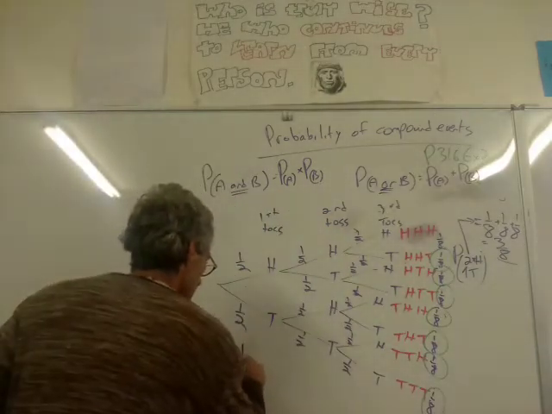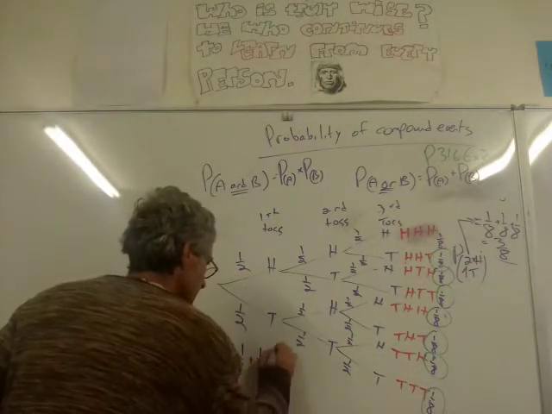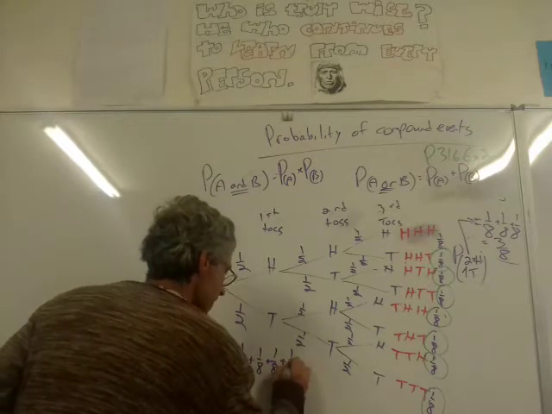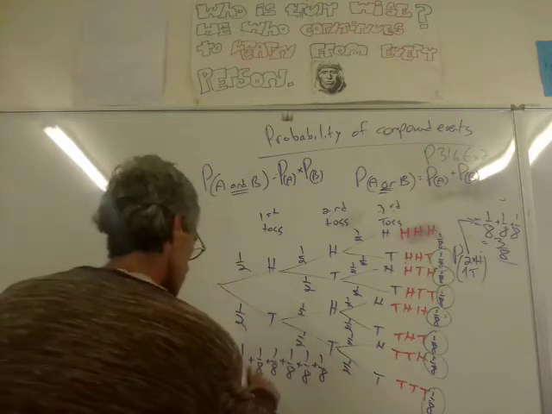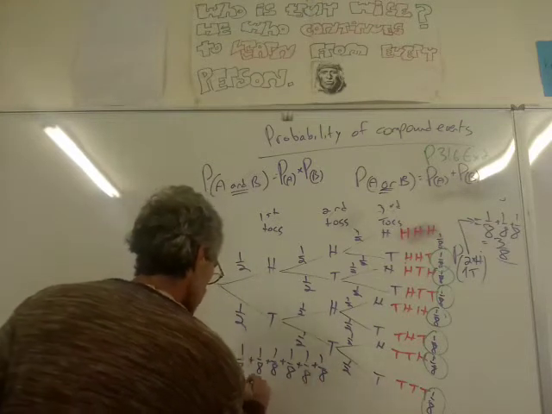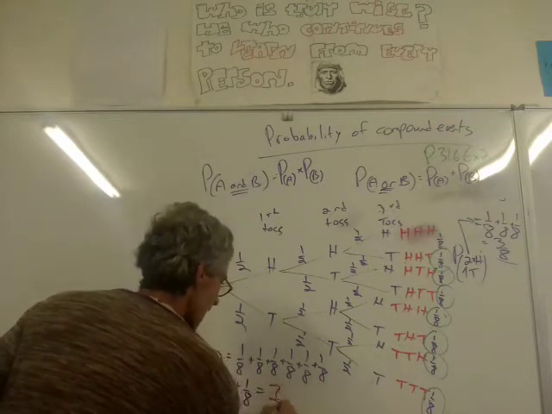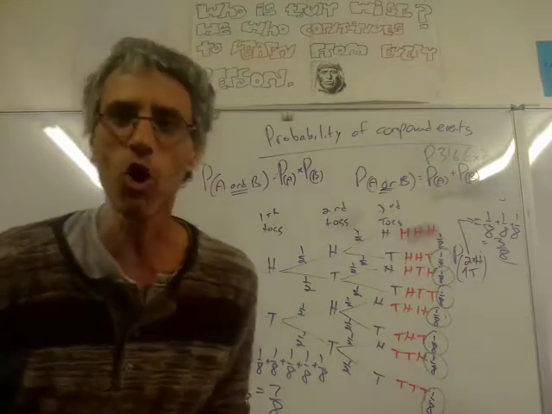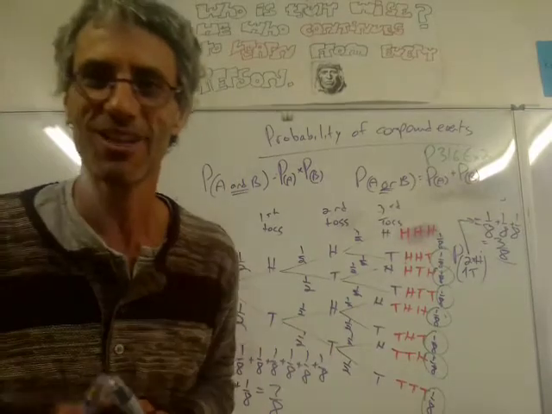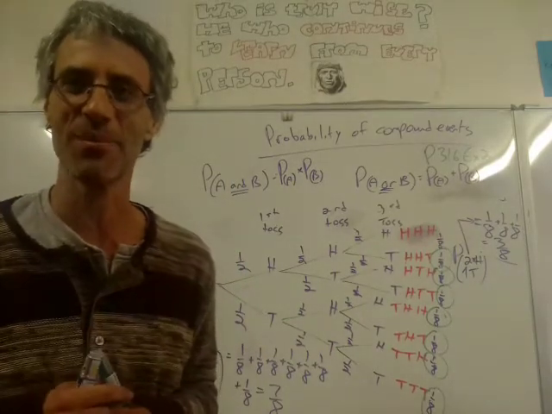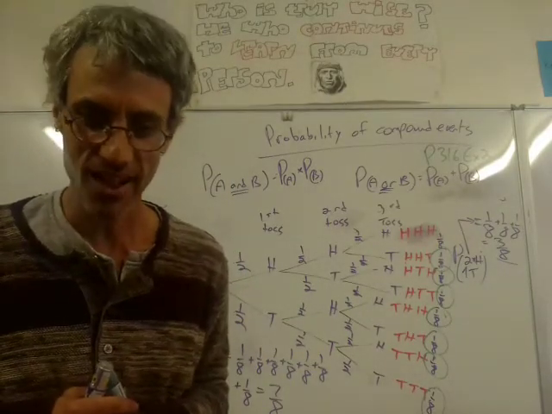So it'll be 1/8 plus 1/8 plus 1/8 plus 1/8 plus 1/8, 7 times, isn't it? Plus 1/8, 1, 2, 3, 4, 5, 6, 1 more 1/8, and I get 7 eighths. Of course, you could have just multiplied 7 times 1/8, but I just wanted to make it very, very clear.